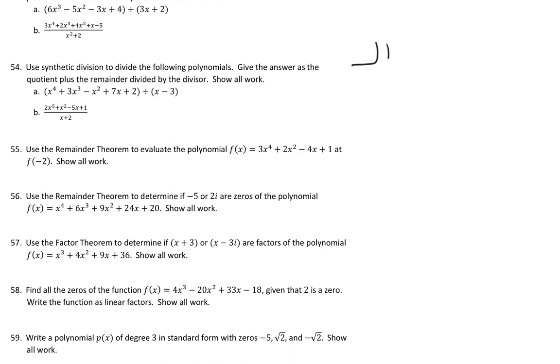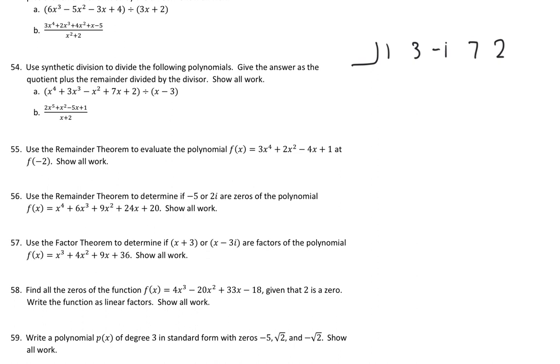So, 1, 3, minus 1, 7, 2. Gotta be careful. If there was no x squared here, in the x squared spot, we wouldn't just skip it, we'd put a 0 there. So just be careful.